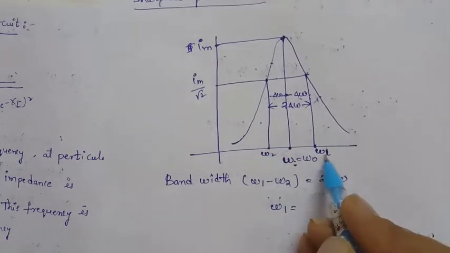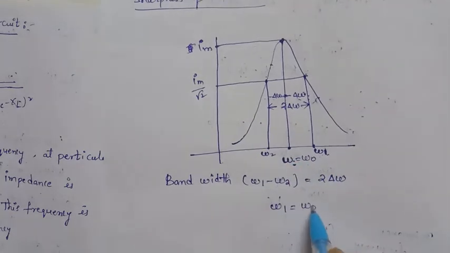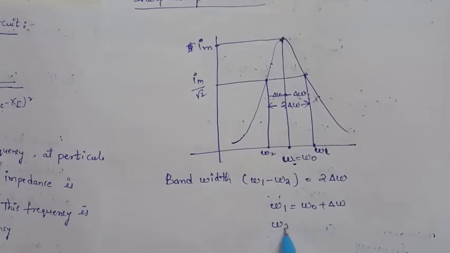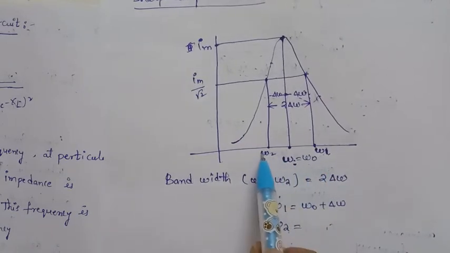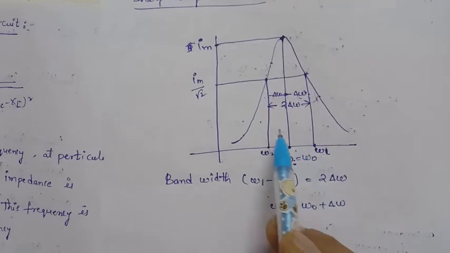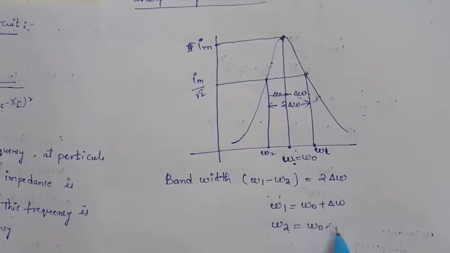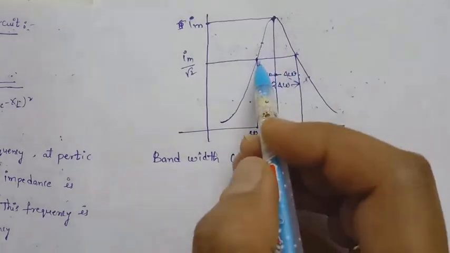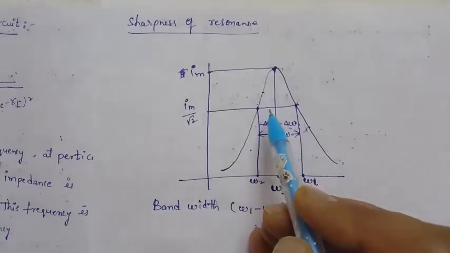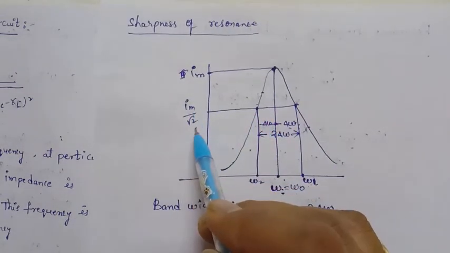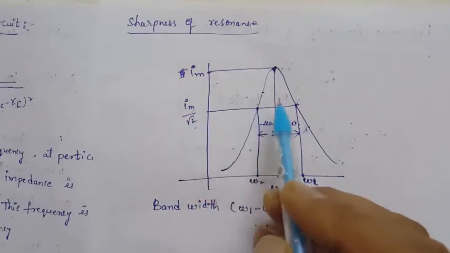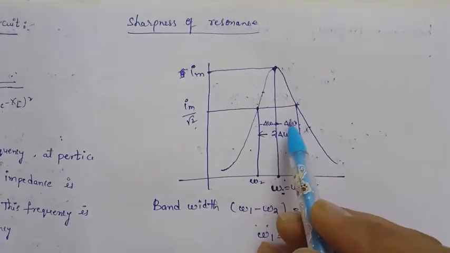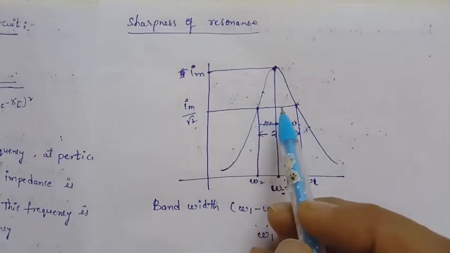So omega 1 is equal to omega naught plus delta W, and omega 2 is equal to omega naught minus delta W. At Im by root 2, that is at IRMS, the power dissipated through the circuit becomes half. Practically we can derive that expression.